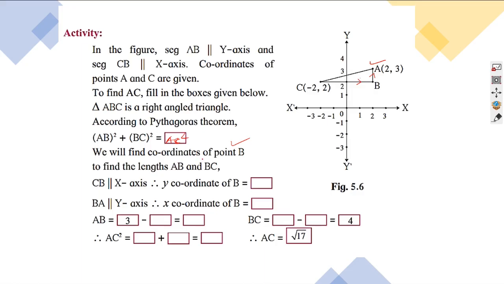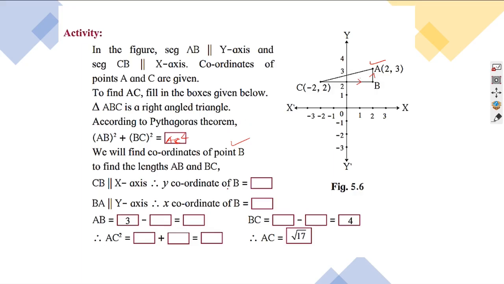when we think about CB parallel to x-axis, in such a situation, the y coordinate of B, and when BA is parallel to the y-axis, what will be the x coordinate of B? चलो return जाता हूँ.